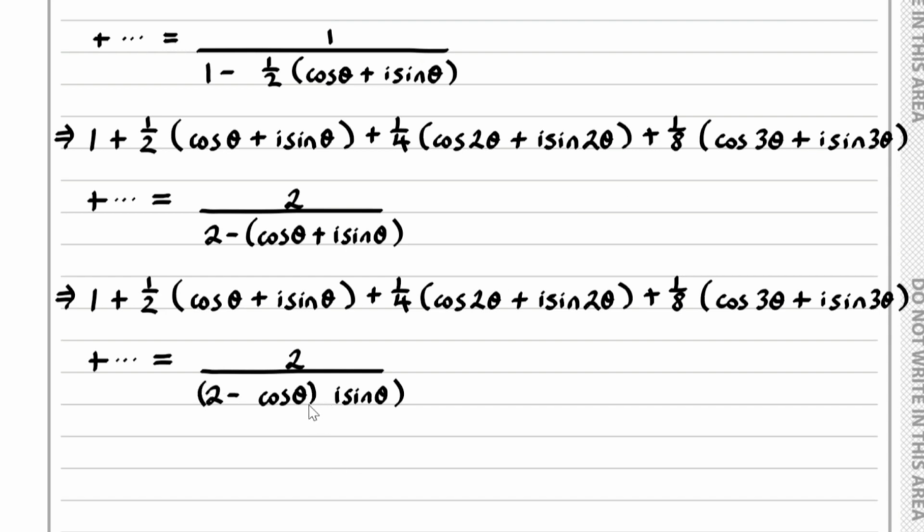So we've got brackets here and then a minus here. Because what we can now do is multiply this by the conjugate. We've got 2 minus cos theta plus i sin theta on both the top and the bottom.